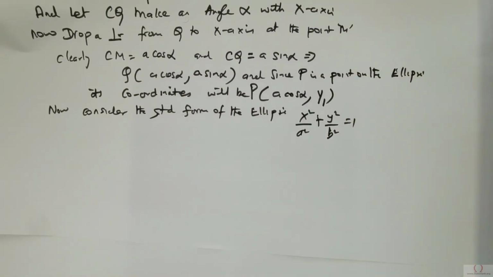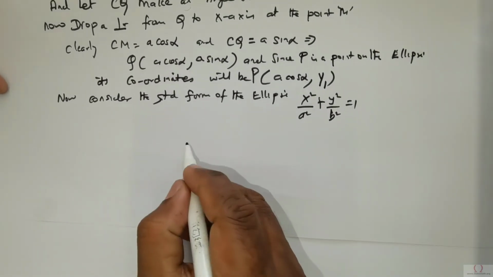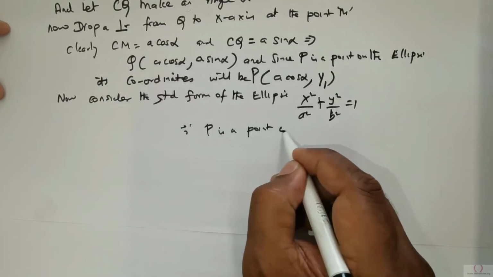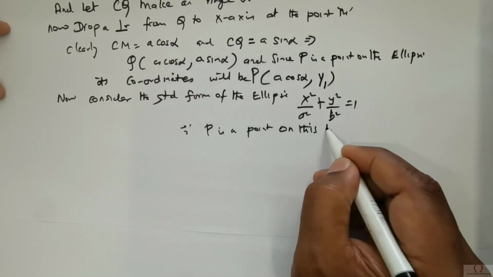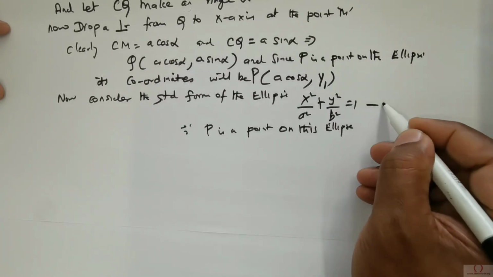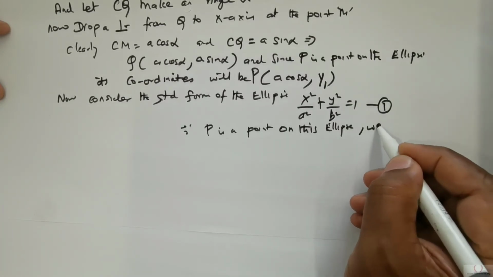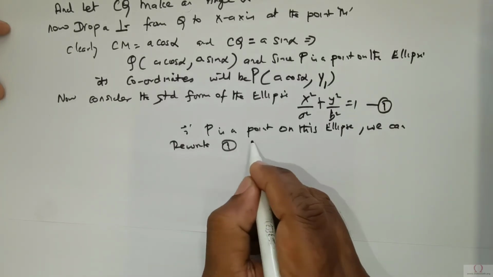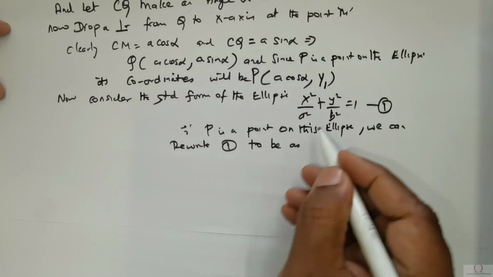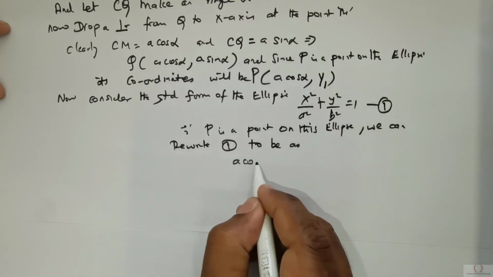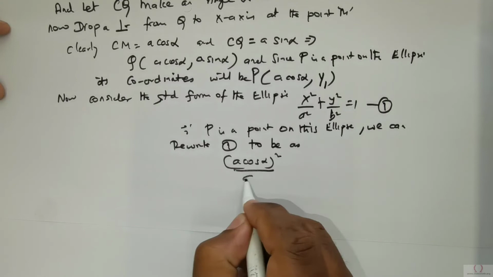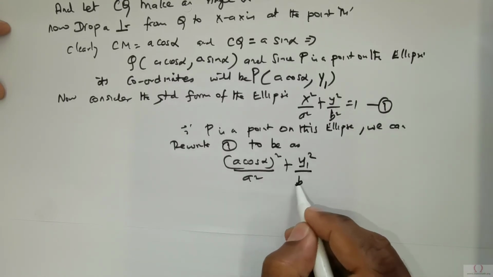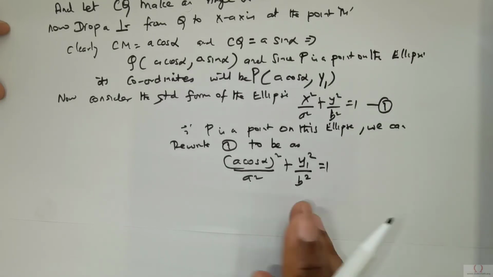Since P is a point on this ellipse, we can rewrite 1 as: in place of x, I would be substituting a times cos alpha, squared, divided by a squared. In place of y squared I'll be substituting y1 squared, over b squared, equals 1. So this is what I've got.